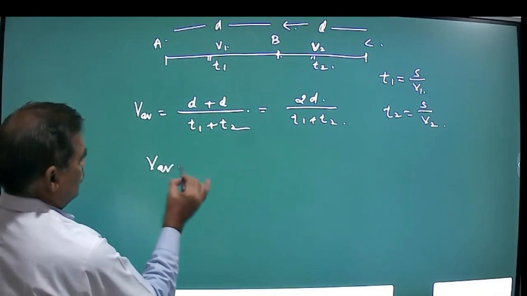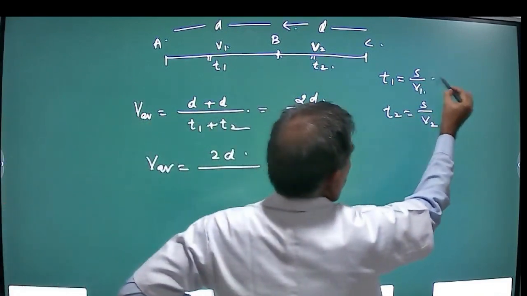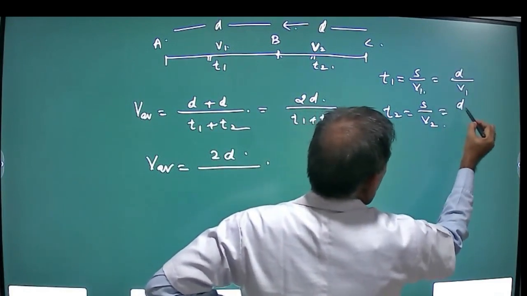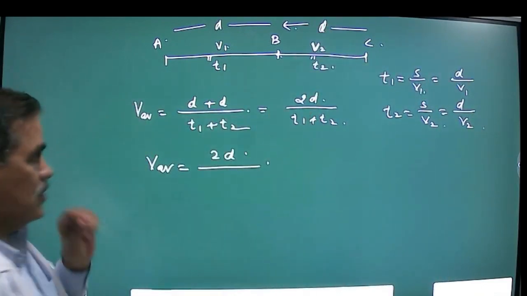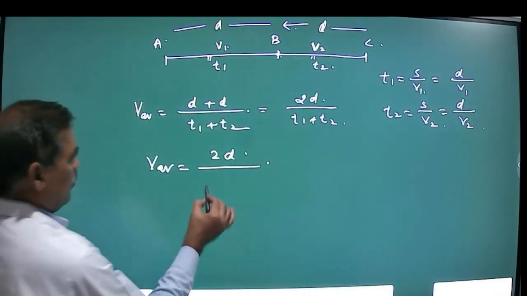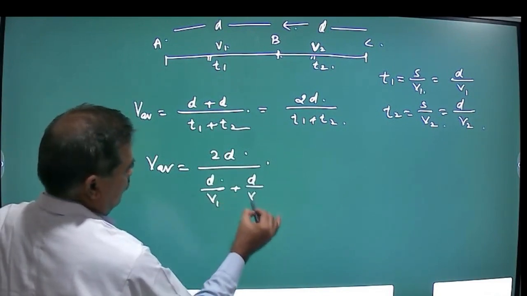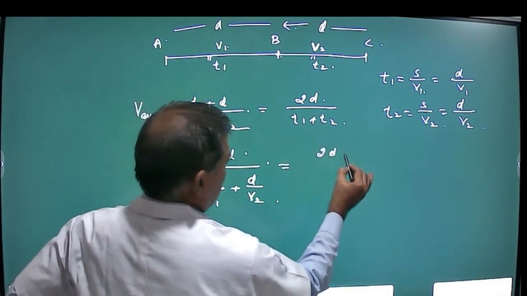V average is equal to 2D, and what is the S here? D divided by V1, and D divided by V2, because distance S is equal to D is given to you. So this will be equal to 2D divided by (D/V1 + D/V2).